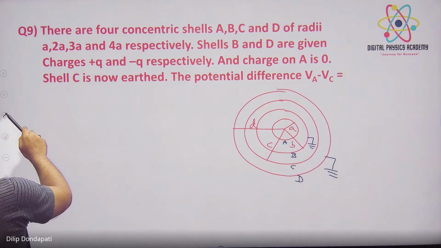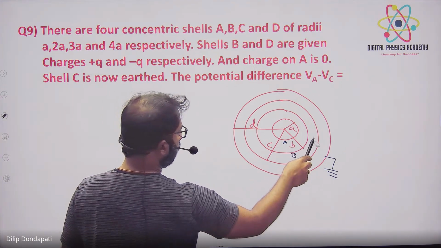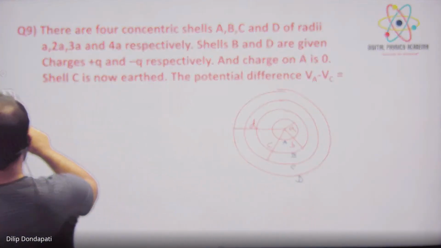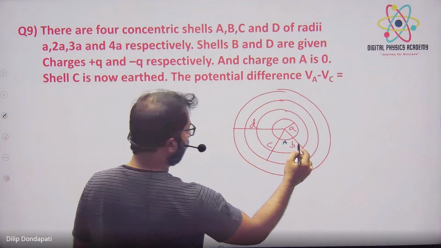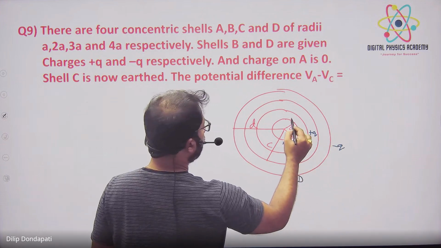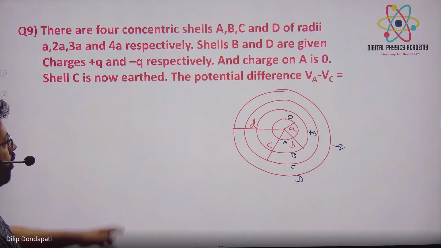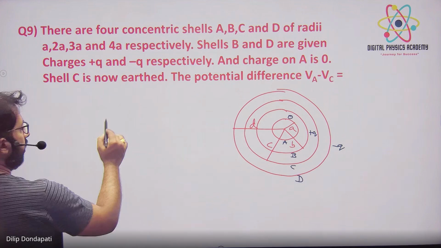B and D are given a charge of plus Q and minus Q. B is given plus Q and D is minus Q, and the charge on A is 0. There is no charge. He's asking what is the potential difference between VA and VC.